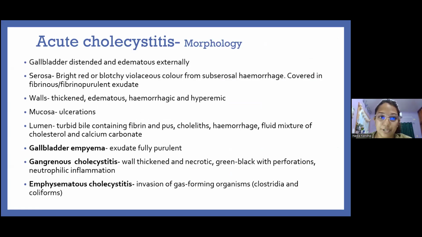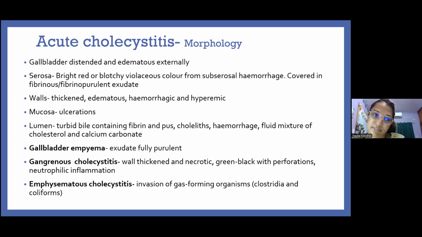On gross examination, the gallbladder can be distended and edematous with a bright red serosa from subserosal hemorrhage. It can be seen to be covered in fibrinous or fibrinopurulent exudates with thickened, edematous, hyperemic walls, mucosal ulcerations, and turbid bile in the lumen, which can contain fibrin, pus, choleliths, and a fluid mixture of cholesterol and calcium carbonate.